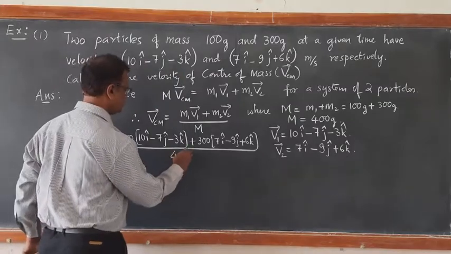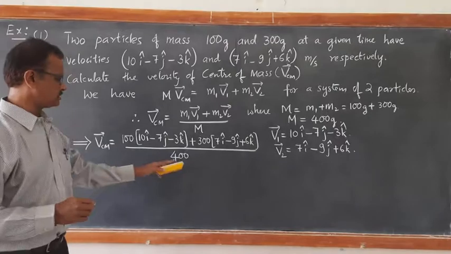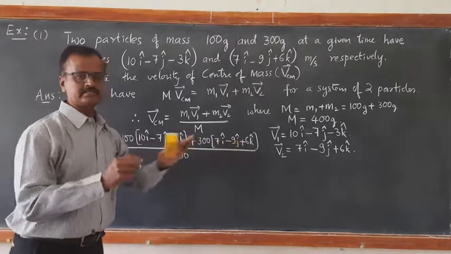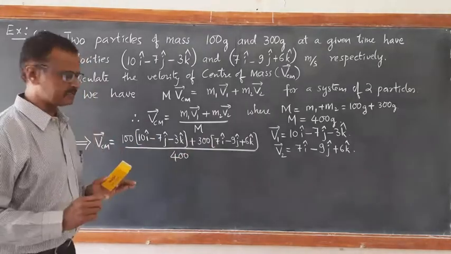Directly we will write 400. There is no need to convert gram into kilogram because gram cancels. Gram is there in the numerator, gram is there in the denominator, gram cancels.